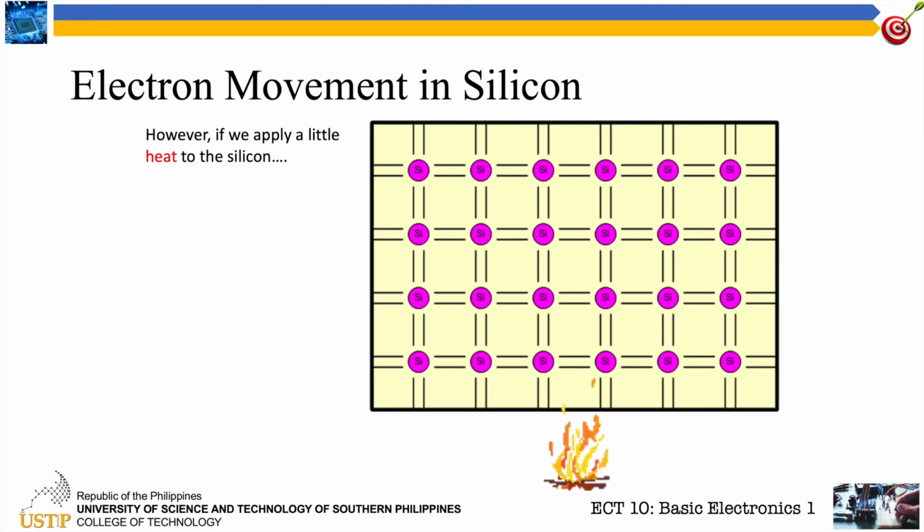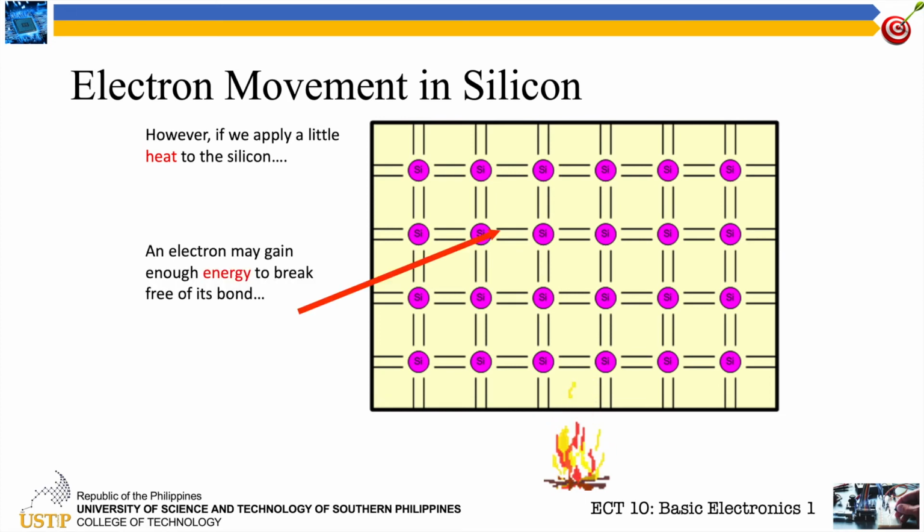This heat is the energy that will allow our electrons to jump from one silicon to another silicon. An electron may gain enough energy to break free of its bond.